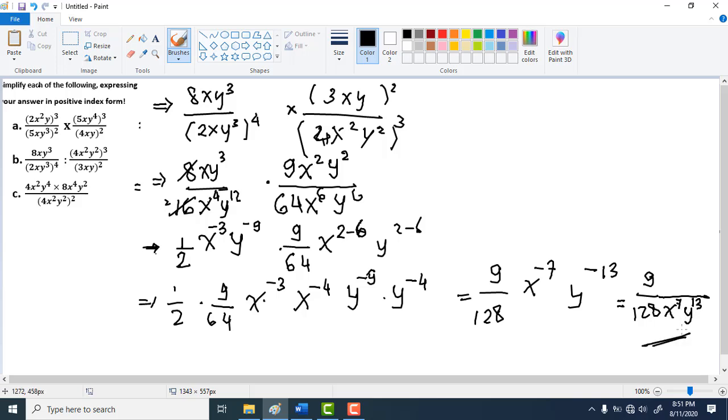Yeah, okay. So the result is 9 over 128 x to the power of 7, y to the power of 13. And we are going to the last example.